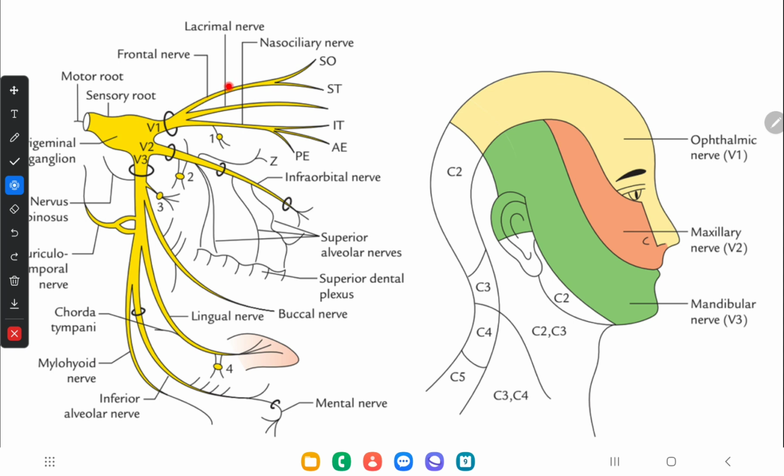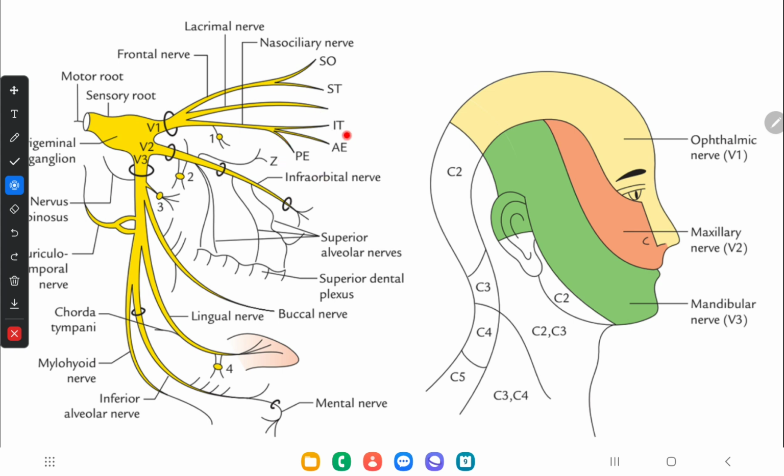The ophthalmic division is divided into three branches: nasociliary, frontal, and lacrimal. The frontal nerve supplies the supraorbital and supratrochlear region, the lacrimal nerve goes into the lacrimal gland, and you can see the nasociliary nerve here.